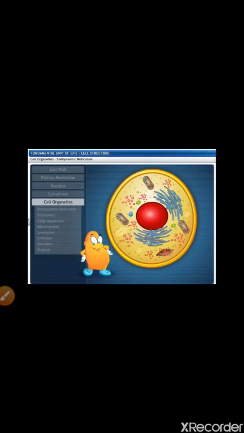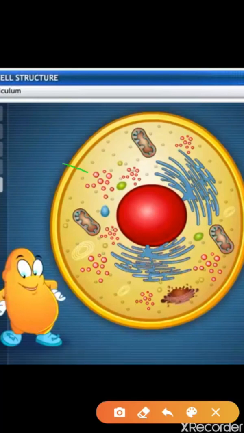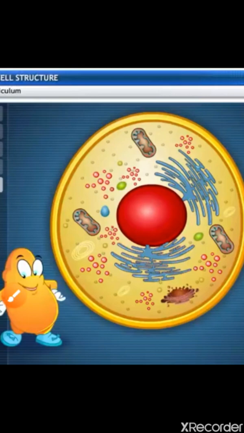For example, if a material is entering from here, how will it enter into the nucleus? The cytoplasm helps that material move from here to the endoplasmic reticulum and from there to the nucleus. If the mitochondria is making ATP, how will it move out? The cytoplasm helps it move out. So it helps in the exchange of material between the cell organelles.